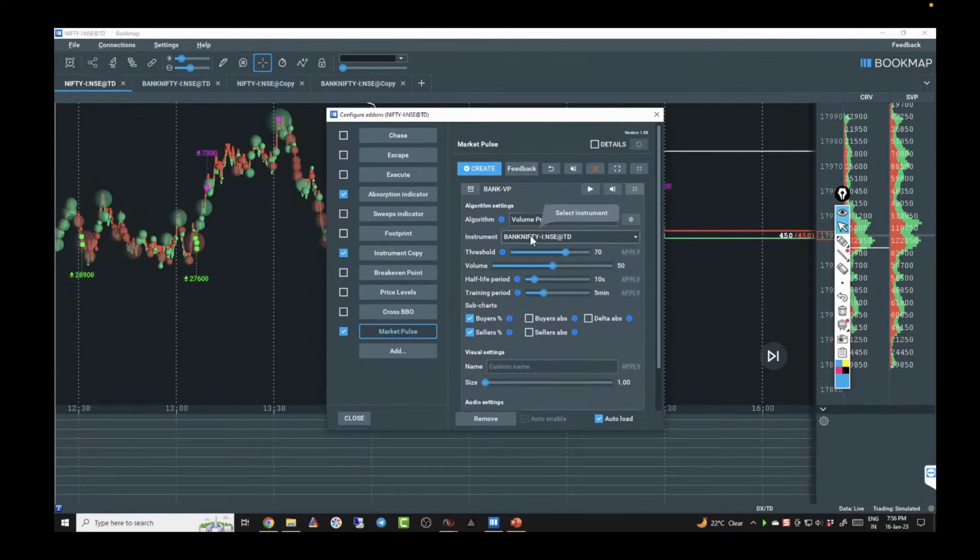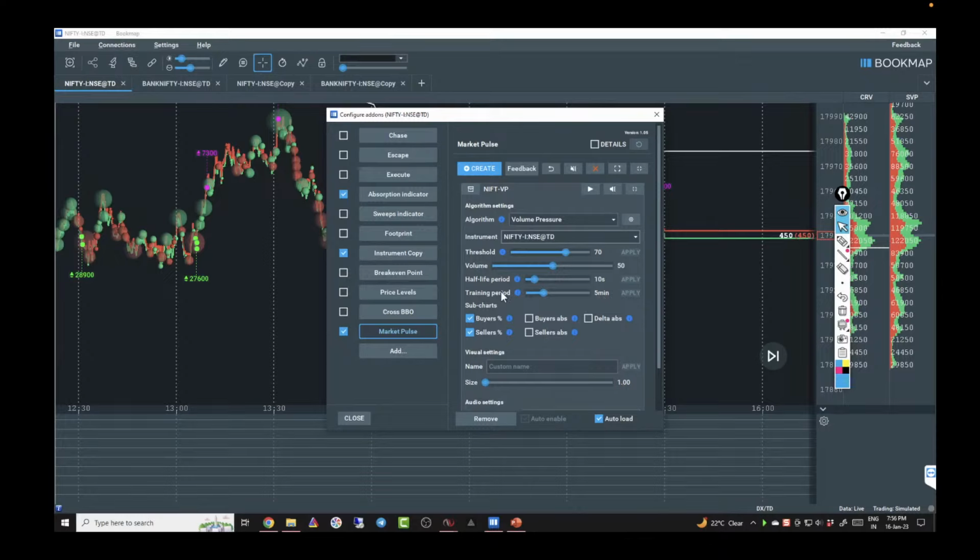Right now this indicates the instrument that we have selected, Nifty. Volume pressure is the present available information in the market pulse, 70 in terms of that 70%. For example, last 5 minutes, the training period is basically nothing but the look back period. In the last 5 minutes you're calculating the volume information.